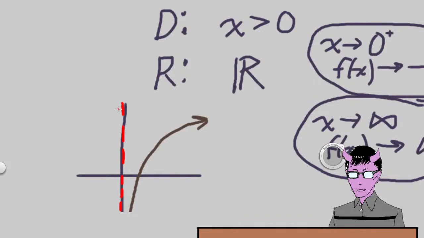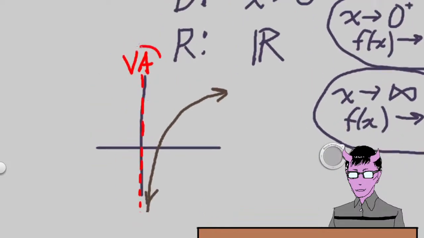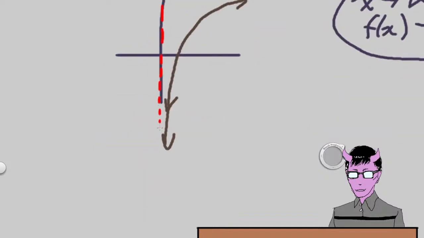And this wall is a familiar idea. It's called the vertical asymptote. We've seen this in graphing fractional rational functions. What are those called? It's when we have a polynomial over another polynomial, then we have vertical asymptotes for those. So this is a wall, and this wall is located at x equals 0.